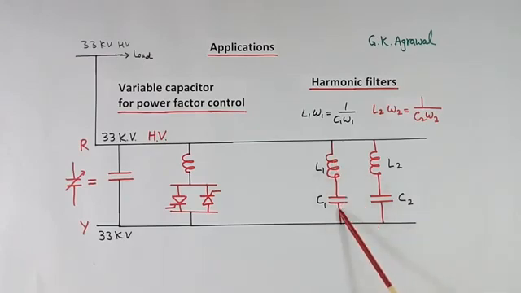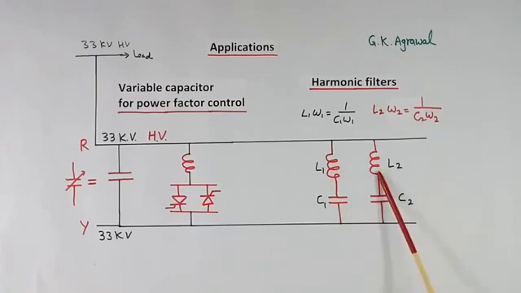And because they are opposite in nature, they will cancel out. So at a certain frequency, impedance here becomes very low. So harmonics of that frequency will flow here, because here impedance is low. Current always tries to find a low impedance path.